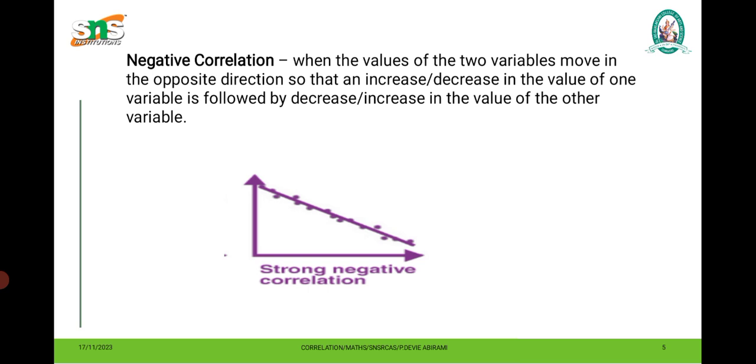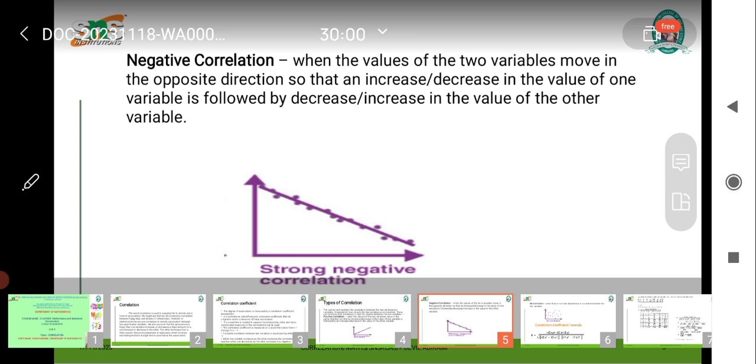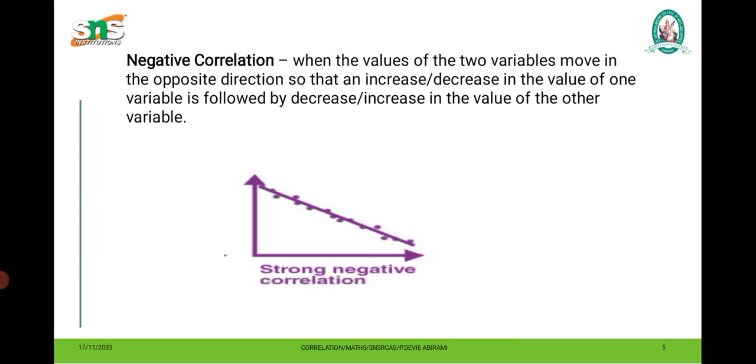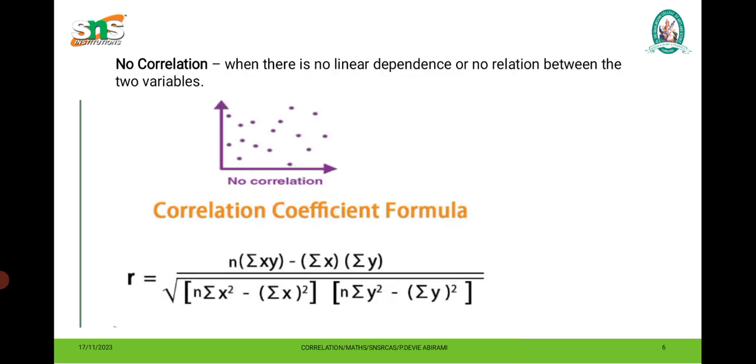If we take both the values, the height of the students and the marks, they will not be matched, so there will be a negative correlation. The negative correlation is plotted in this diagrammatic representation and it is known as strong negative correlation.